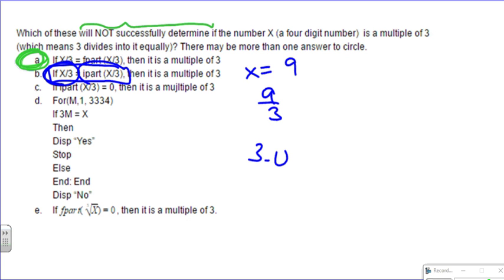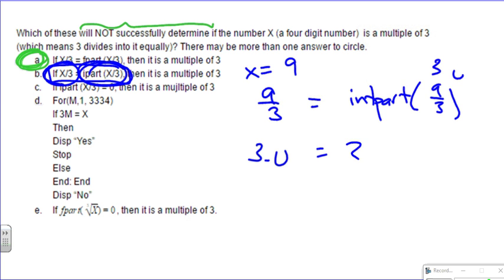Now let's compare that to the integer part of 9 divided by 3. That's the integer part of 3, which is just 3. So if x divided by 3 is the same as the integer part, then that will be a multiple of 3. So B works. Again, we're looking for the ones which do not work. B does work, so that won't be one of our answers.